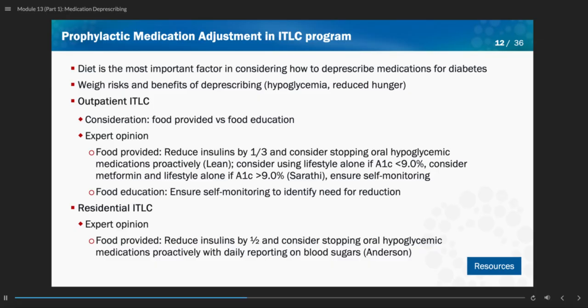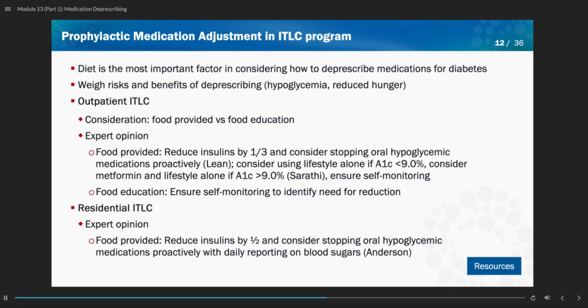One is where food education is provided, and patients are asked to make the changes for their diet on their own. The second is more intensive, where food is provided. In our experience, when Denise and I ran an intensive outpatient therapeutic lifestyle change program, the food was provided. And in this case, we found it best to reduce the insulins by about a third. And we stopped all oral hypoglycemic medications on day 1 of the program.